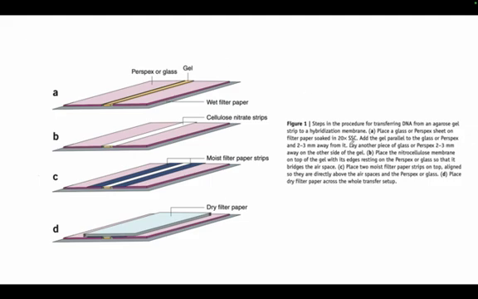Okay, this is sodium chloride, sodium citrate transfer buffer. It's called SSC buffer. And then place a nitrocellulose membrane strip, which is where we want the DNA to transfer to, directly on top of the gel.